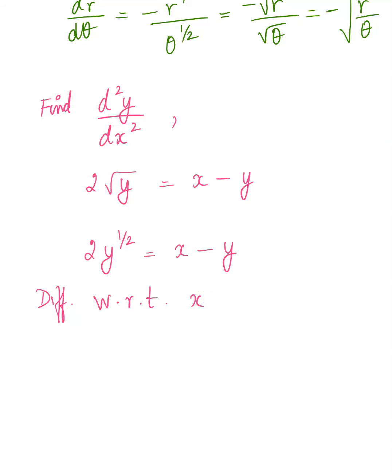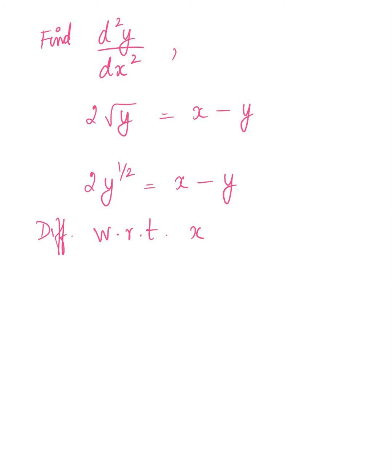When you do the differentiation the first time, you obviously get the first derivative. So 2 times half y power half minus 1 times, of course remember the chain rule, dy over dx, because y is a derivative of x, equals derivative of x is 1 minus derivative of y is dy over dx.